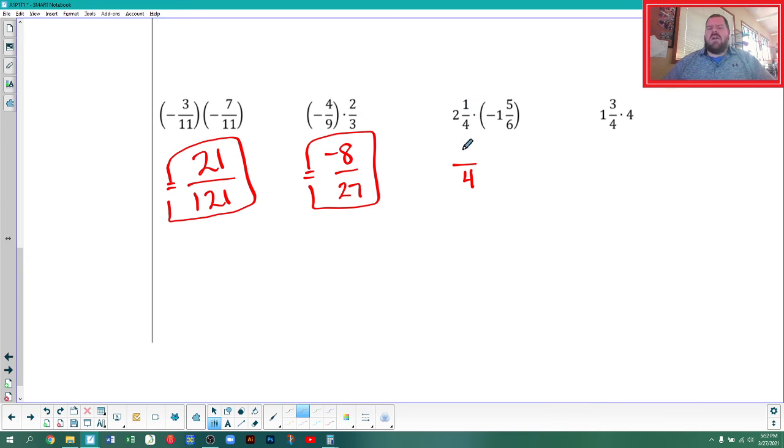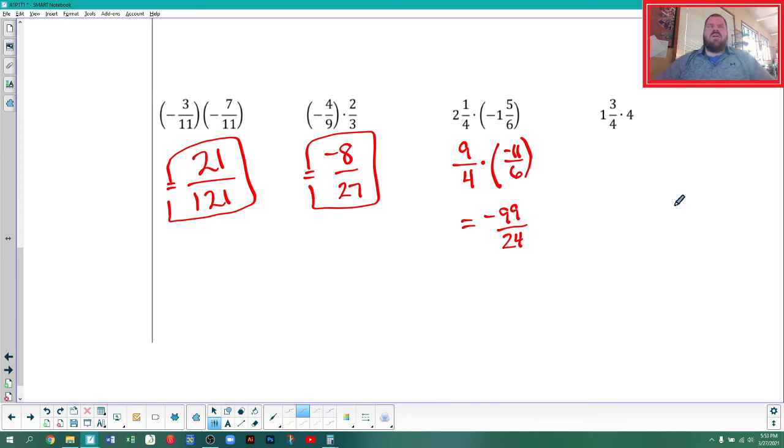See, my brain just starts doing it. 2 times 4 is 8 plus 1 is 9. Times, we have a negative here, but it is over 6. 6 times 1 is 6 plus 5 is 11. And now we can go at this problem. 9 times negative 11 is negative 99. 4 times 6 is 24.